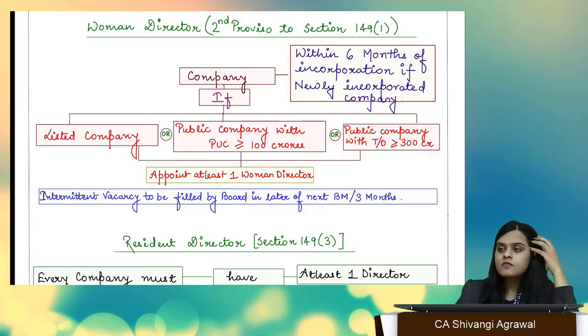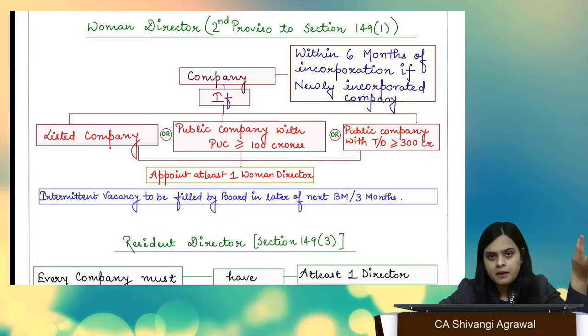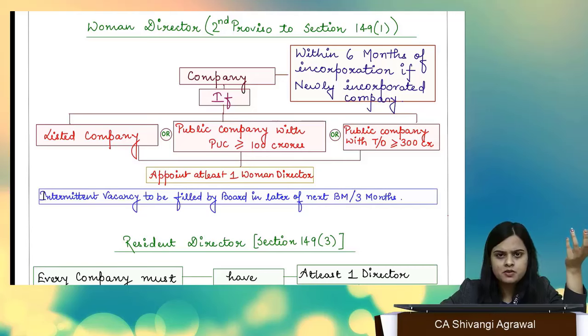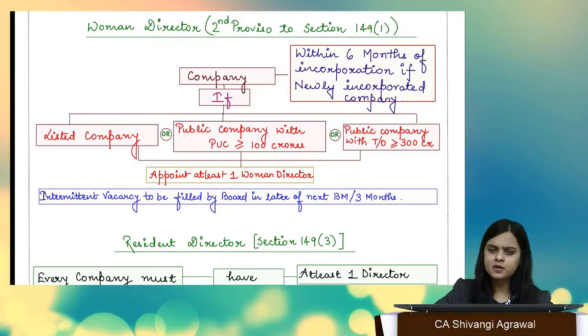Fine, ma'am. Now, if it is a new company, newly incorporated company, and its paid up capital, the turnover will not be, you will not be able to get to know turnover within 6 months of incorporation undoubtedly, but yes, the paid up capital and the listed criteria it may meet.